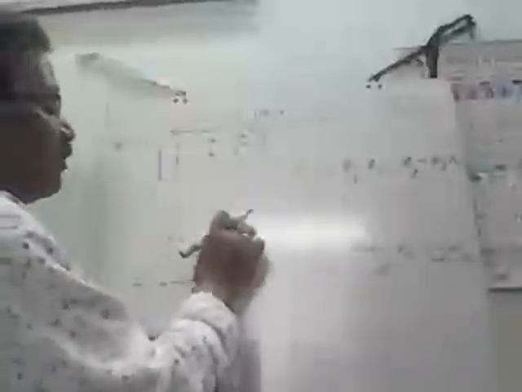Row 1 no change: 1 a square. Row 2: 0, b minus a taken common so it is 1, then b square minus a square, taking b minus a, remaining is b plus a. Along the third row, taking c minus a common, it is 0, 1, c plus a.